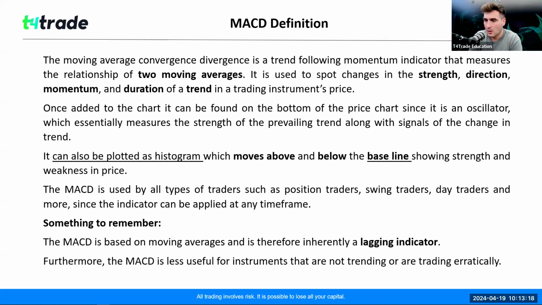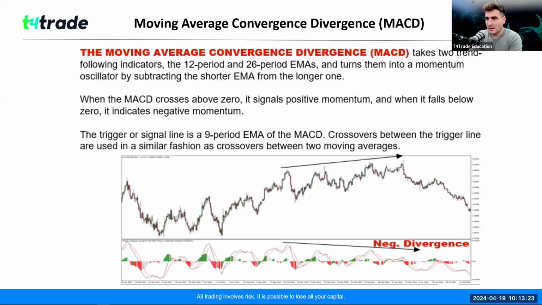Okay, so let's cover this. Let's move on to the next slide. So this is a visual illustration of what the MACD looks like. You can see that clearly below the price action. So it has a separate panel or a separate box or rectangle, whatever you want to call that, that goes beneath the price action, not on top of the price action.